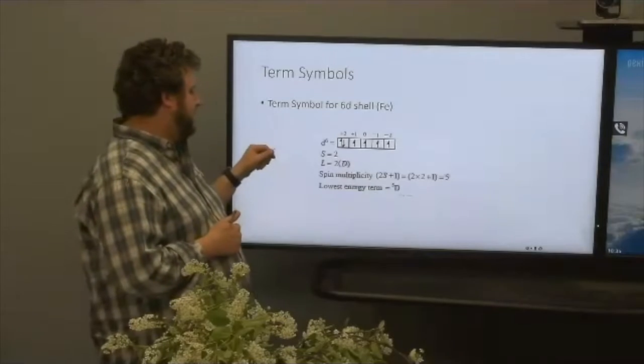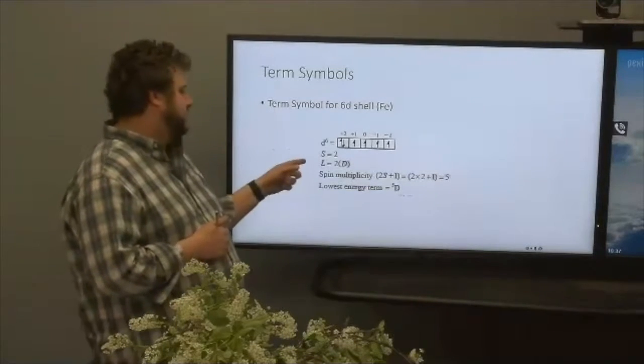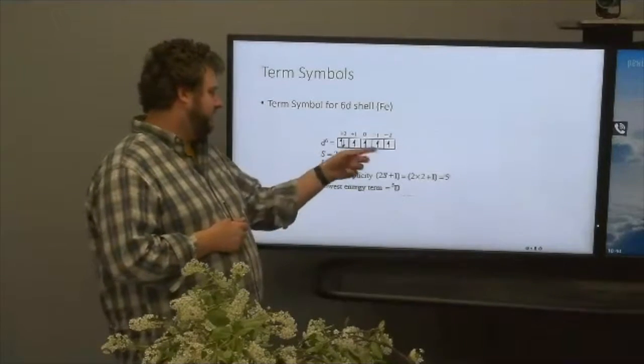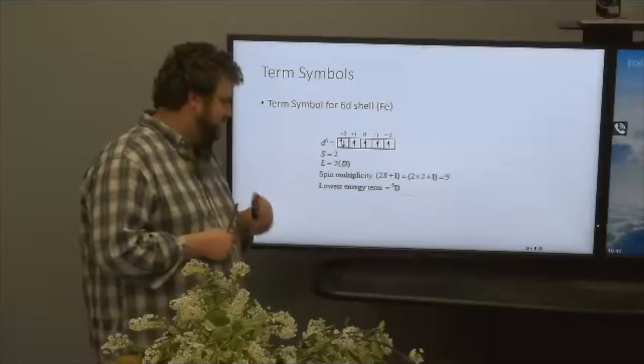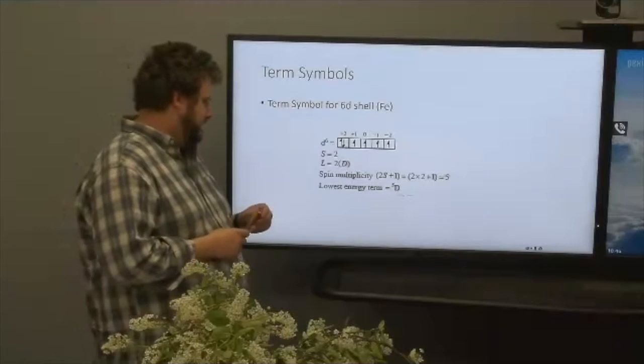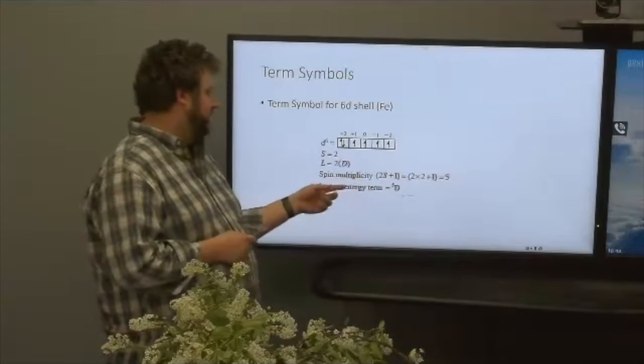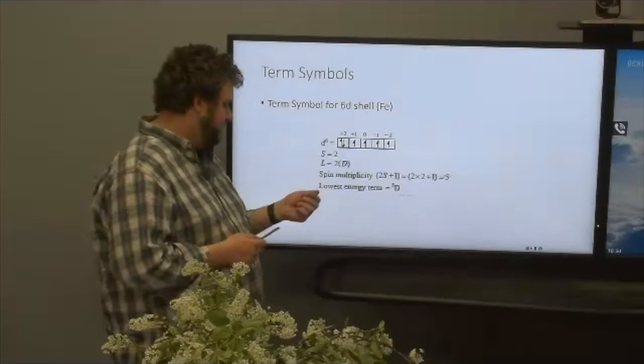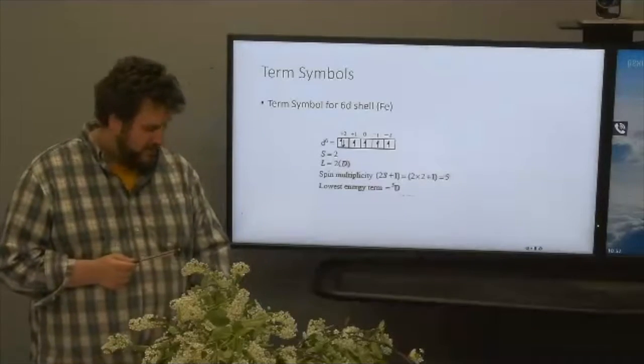Those term symbols can be expressed for systems with different numbers of spins, so for different elements you get different term symbols. And then we talked in great detail about how to get these term symbols.